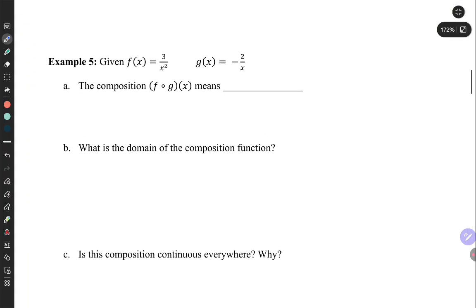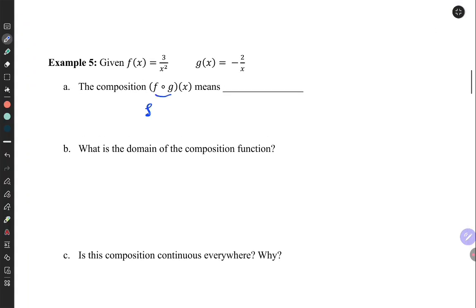F of g is read out as f of g, meaning that you plug a function inside another function.